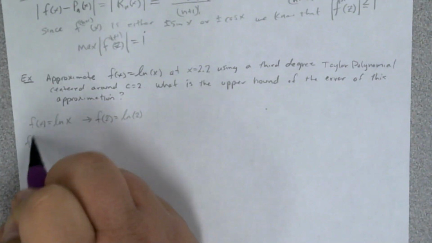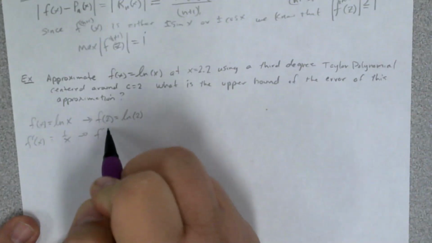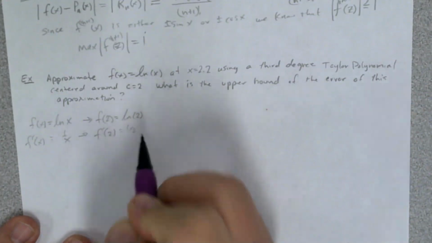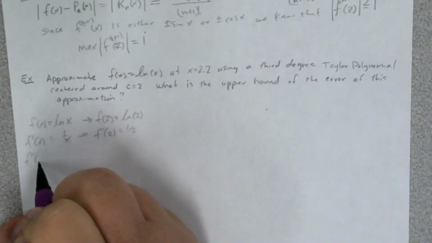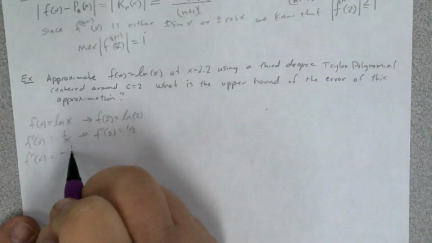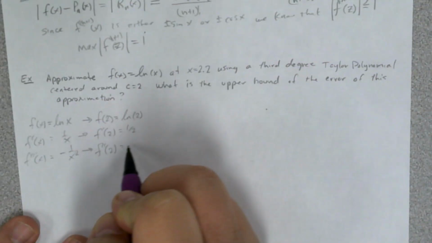So then the first derivative is 1 over x. This will equal 1/2. And the second derivative is going to be a negative 1 over x squared. So our second derivative at 2 is going to be a negative 1/4.